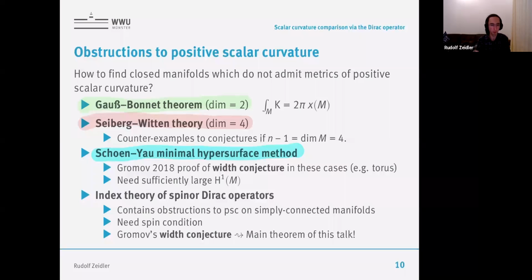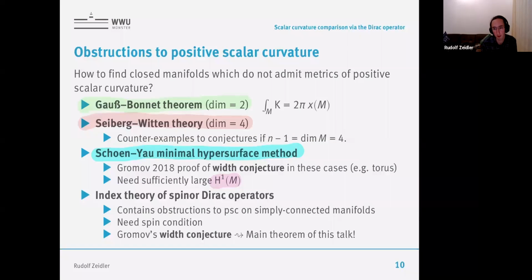One of the restrictions is that you need topologically non-trivial hypersurfaces. And in order to have that, by Poincaré duality, you need a non-trivial first cohomology, and it needs to be sufficiently rich in order to apply this method. So in particular, you can never apply this method to simply connected manifolds.